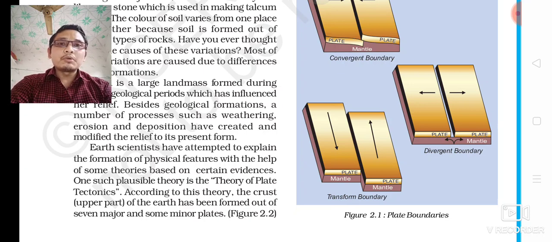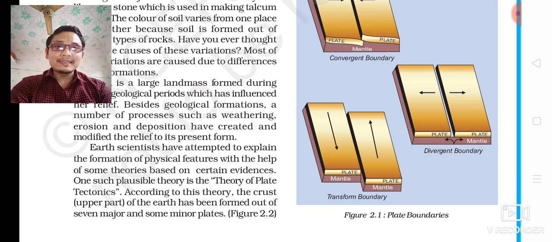It means mountains were formed in different time, plain areas were formed in different time. Similarly, desert areas were formed in different times. That means India has different landform or varied landform, or the various physical features, you can say.